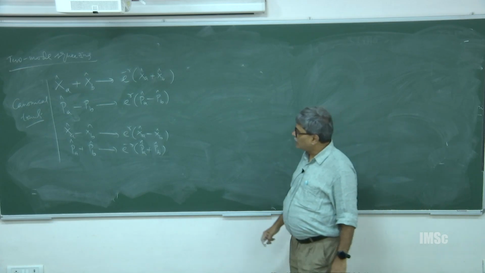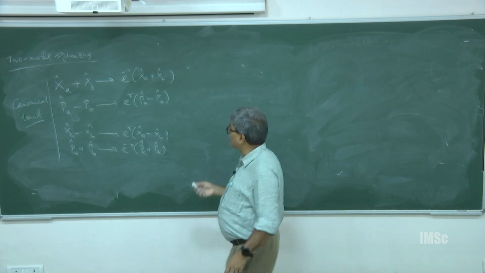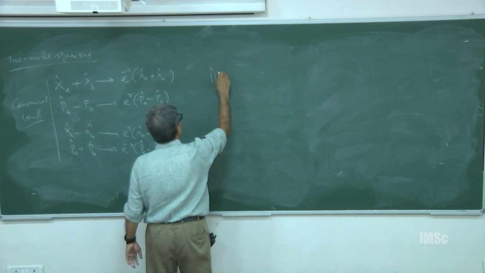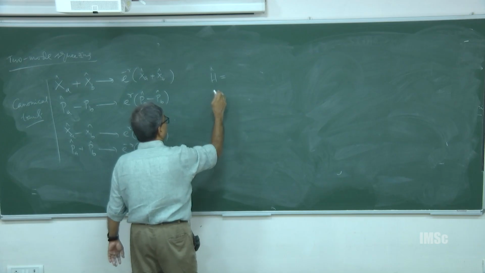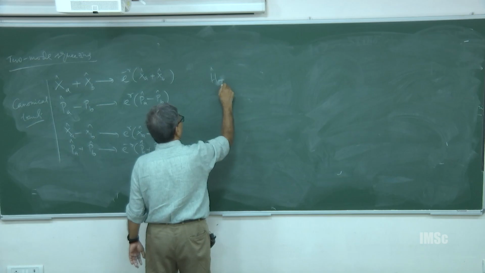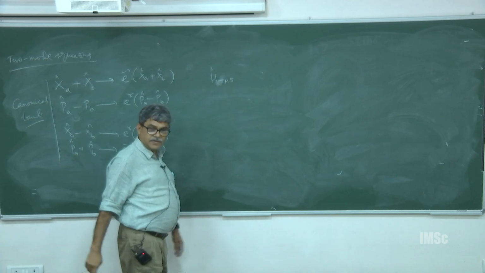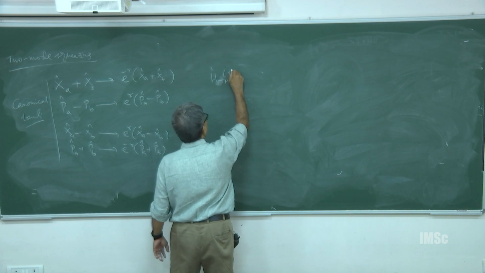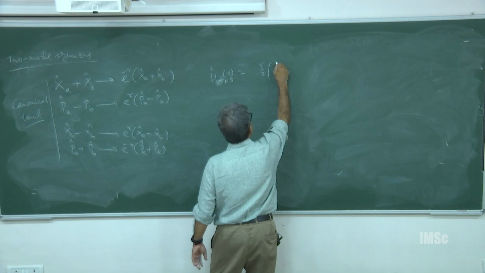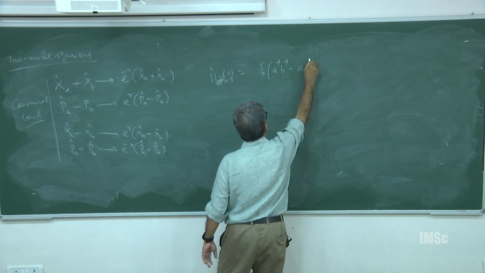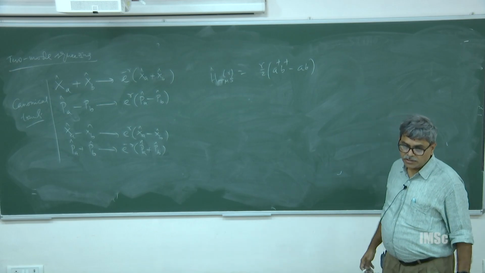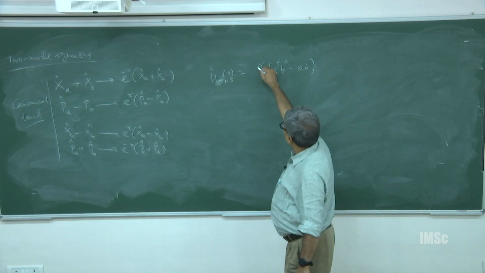We will get some Hamiltonian, and this is two mode squeezing, TMS. This will basically be i r by 2 (a dagger b dagger minus ab). Sorry, there should be some iota here.